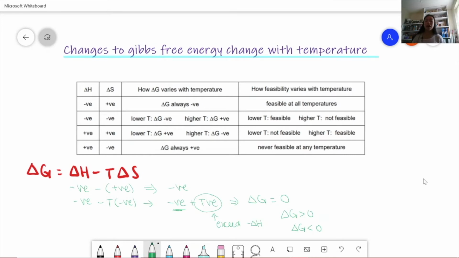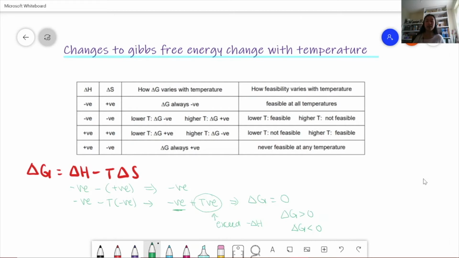So we have for a positive delta H and a positive delta S. So if we lower the temperature, then the delta G will be positive, and if we raise the temperature, then the delta G will be negative. And for the last one, we have a positive delta H and a negative delta S, and the delta G will always be positive.